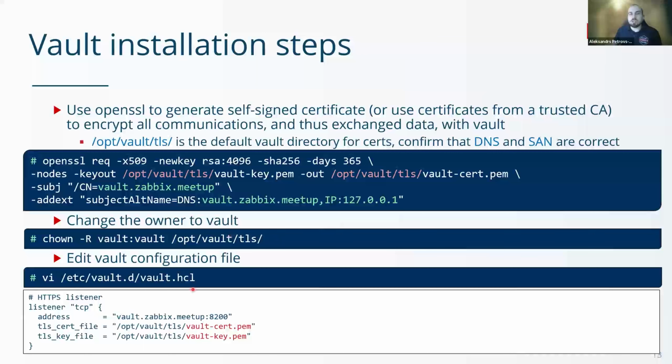But if you do change that, make sure that when you define the path and the names of the certificates in the Vault configuration file, which is, by the way, using HCL format, you specify the correct path.